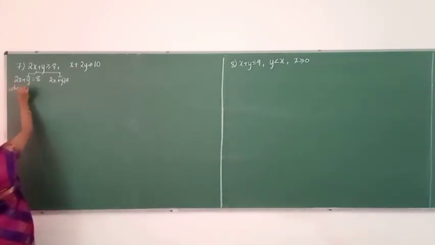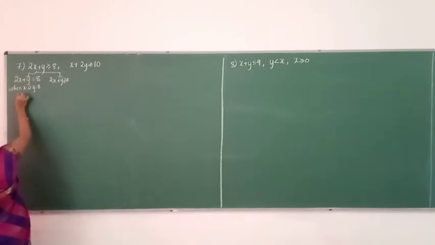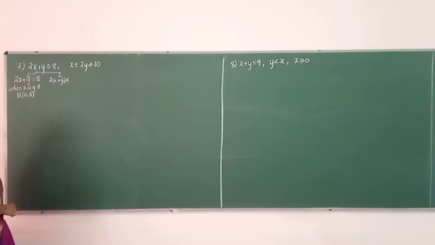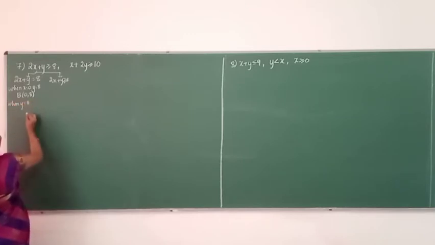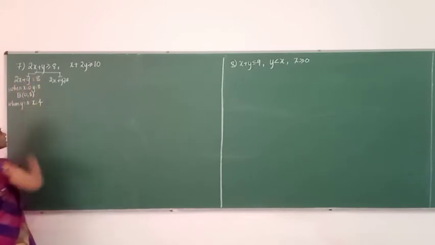When x is equal to 0, the y point is 8. So the coordinate B is 0, 8. Next, when y is equal to 0, 2x is equal to 8, which is x is equal to 8 divided by 2, so 2 fours are 8.